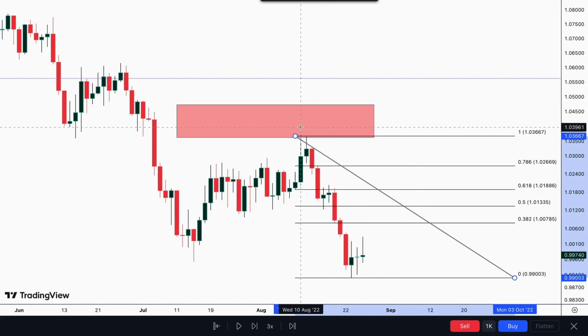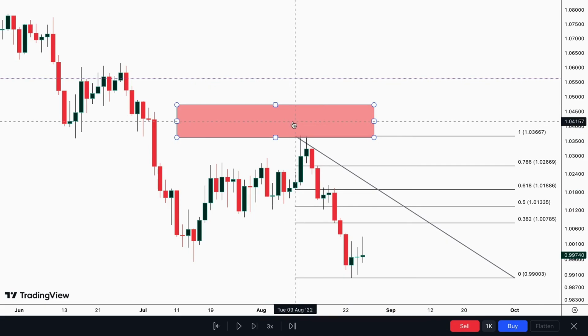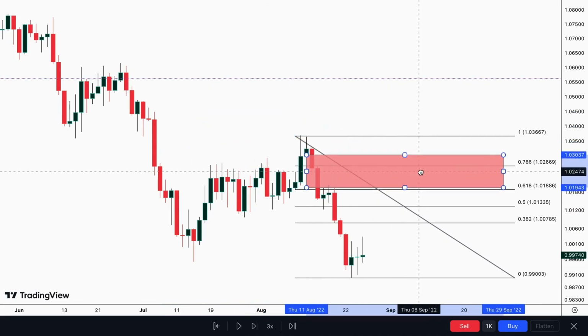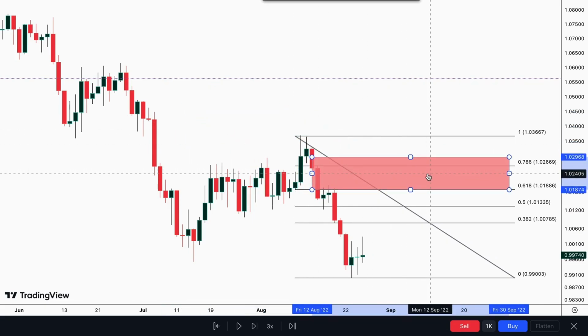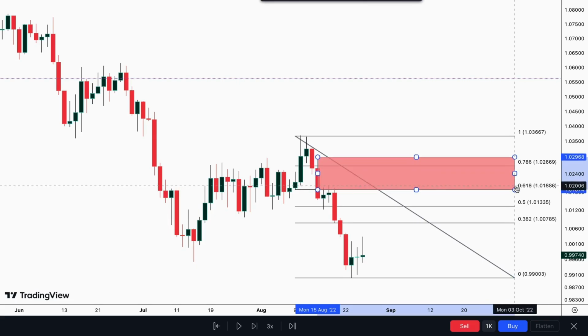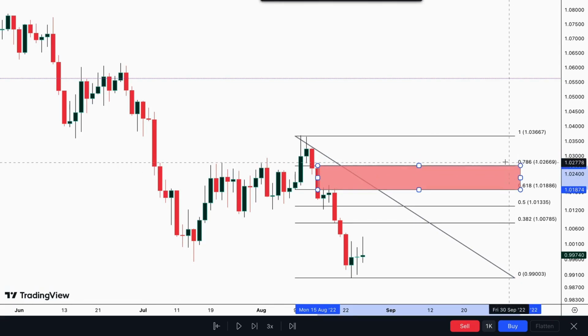So I will take my rectangle again and place it here. This is a level where my potential ratio starts, which is 0.618 here, guys.